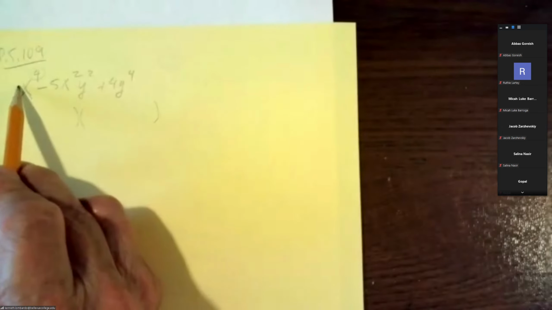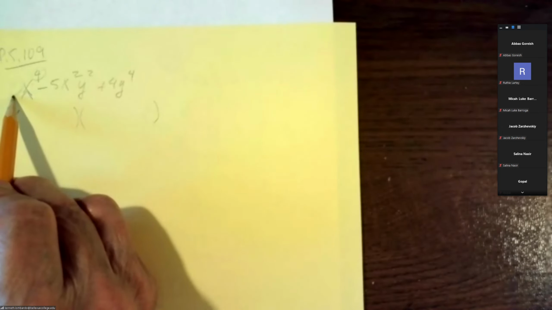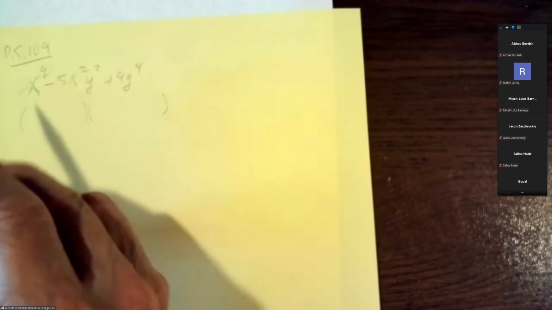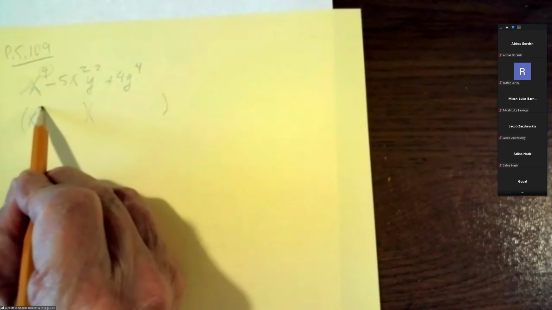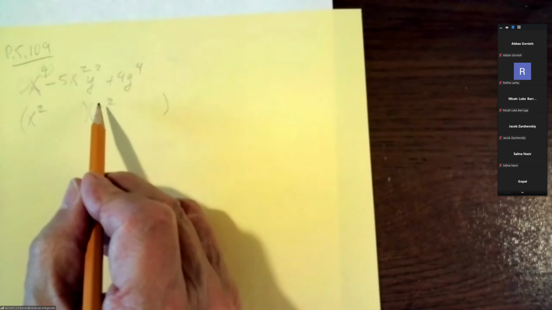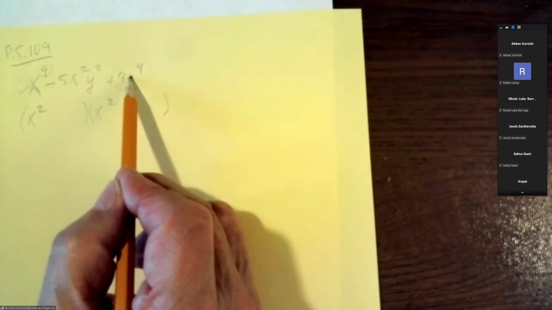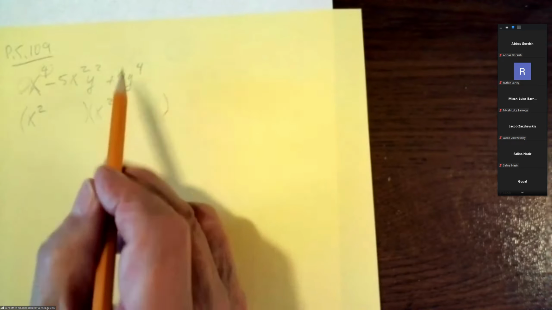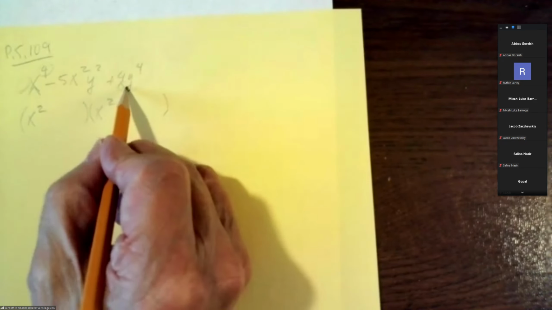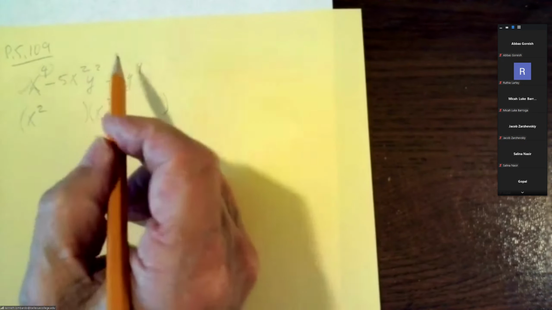We could say what times what. This has a leading coefficient of 1, so we could say x squared and x squared there. And then we've got 4, which factors into 1 and 4 or 2 and 2.